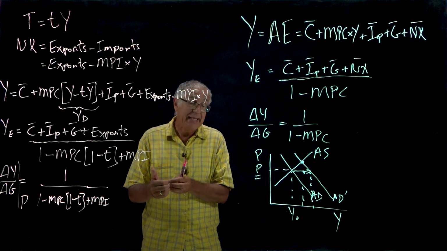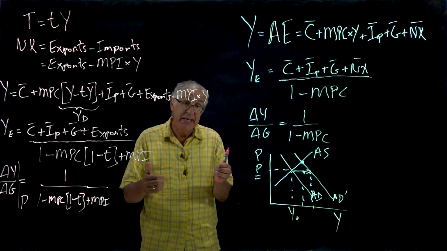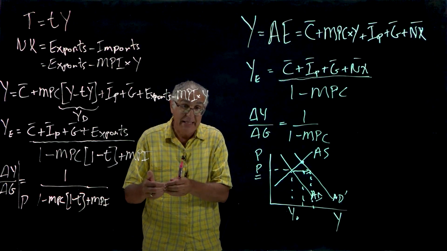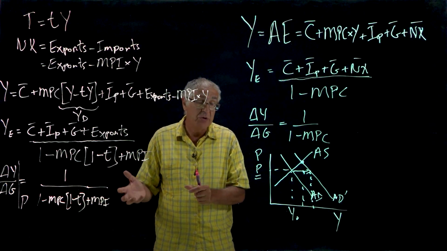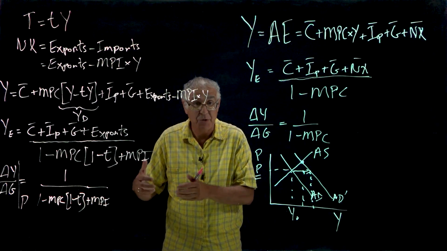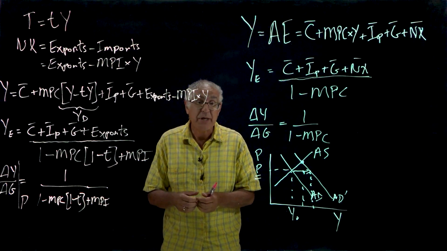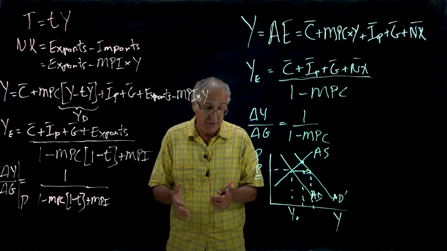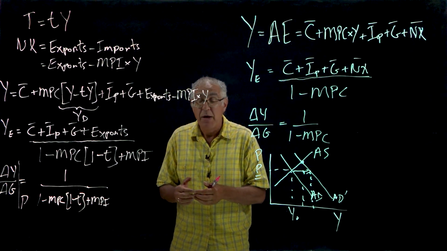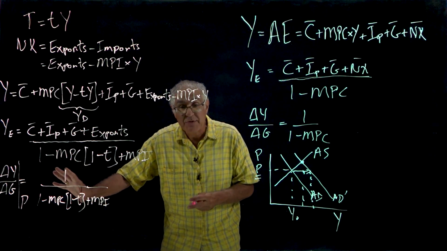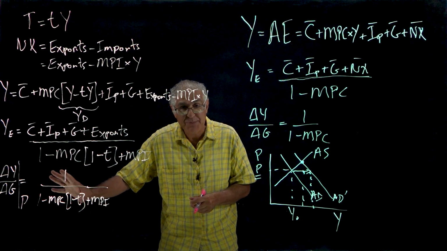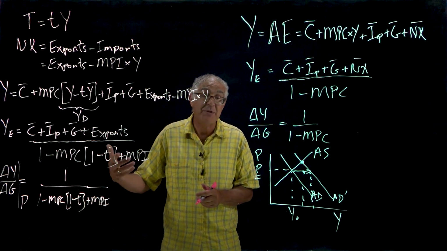So we don't get the entire increase in income at a given price level that's predicted by the multiplier and given by the horizontal difference between the two aggregate demand curves before and after the increase in government spending. We're going to get a smaller increase in income because the aggregate supply curve is upward sloping. So part of the fiscal policy results in an expansion of income, but also an increase in the price level in the economy.